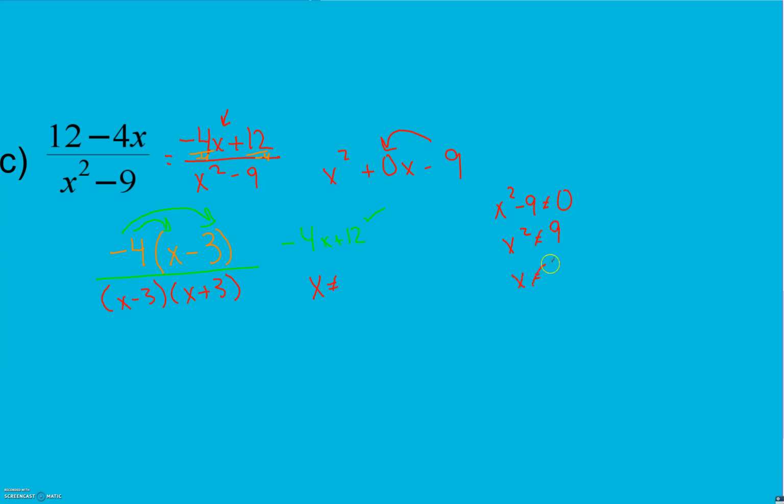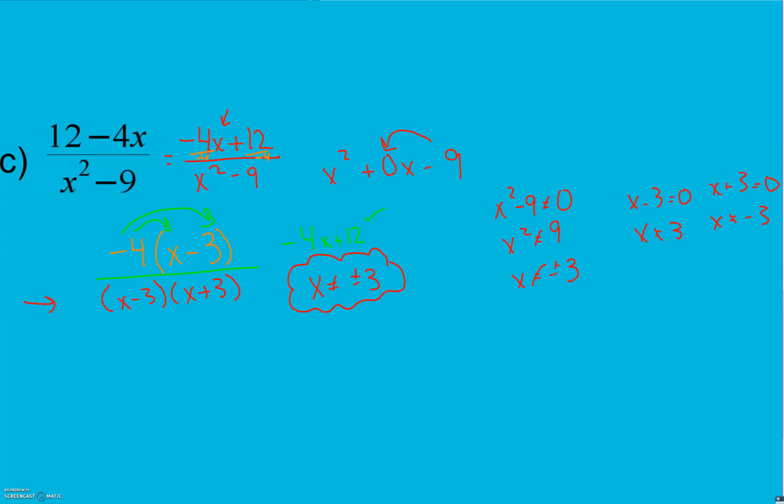When we take the square root, we get plus or minus 3. We could have found the same values using our simplified denominator. We could have taken x minus 3 equals 0, x plus 3 equals 0. Added 3, subtracted 3. So either way, we get 3 and negative 3 are our restrictions.